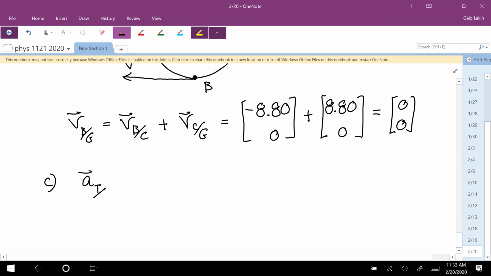So the acceleration of the top relative to the ground is equal to the acceleration of the top relative to the center. You should notice this is all starting to be sort of redundant. We're using velocity and acceleration, we're talking about different points, but the approach is just the same for all of these things. Acceleration of the top relative to the center plus acceleration of the center relative to the ground.